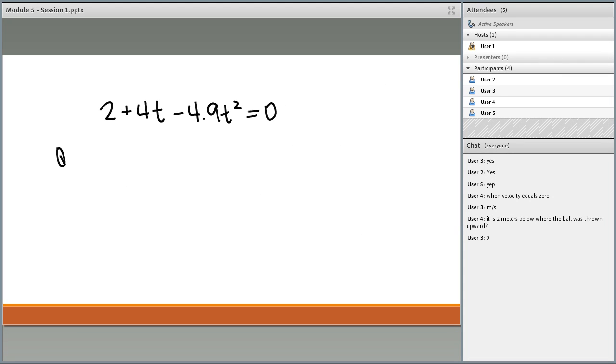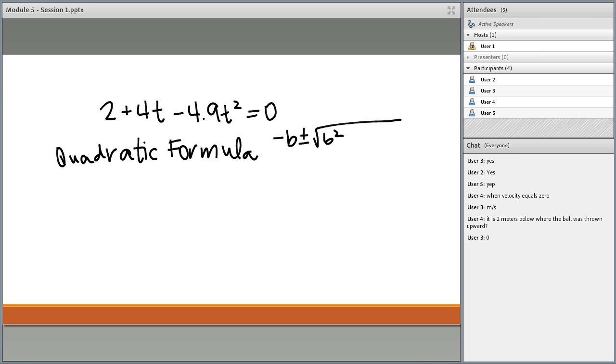So the quadratic formula is negative b plus or minus the square root of b squared minus 4ac, over 2a.